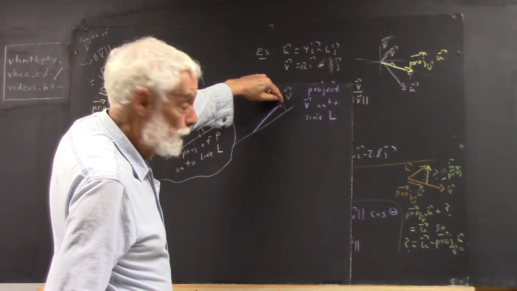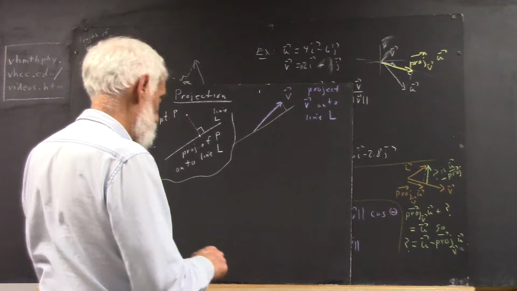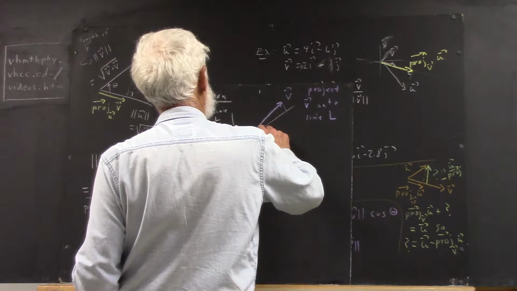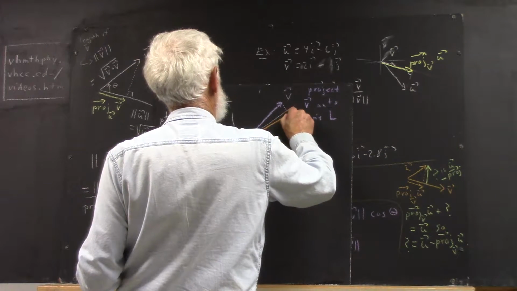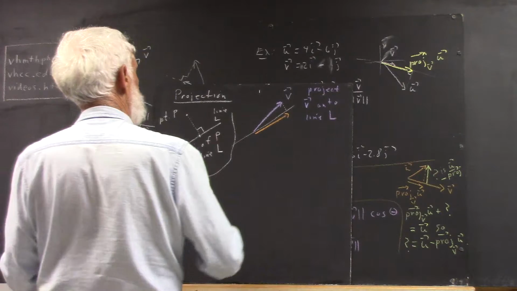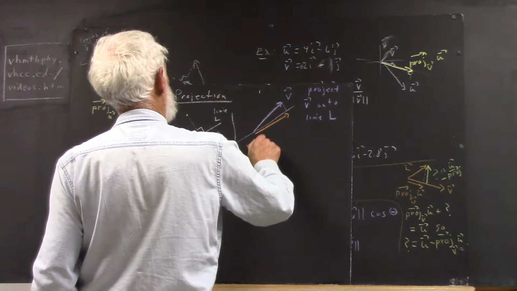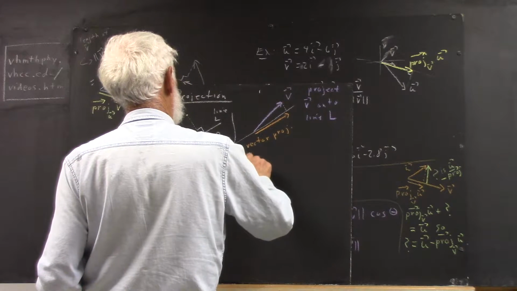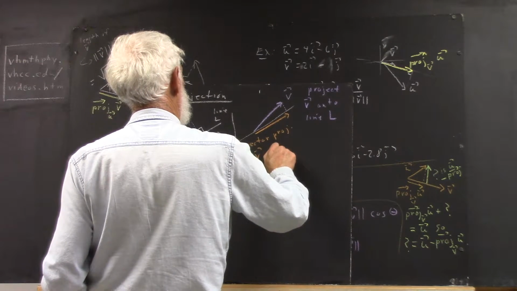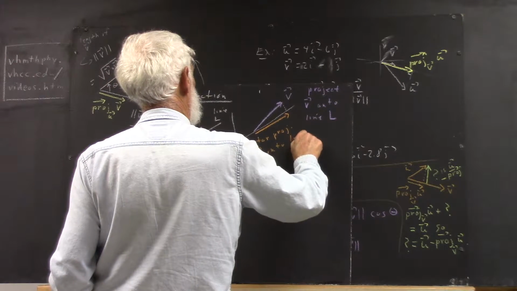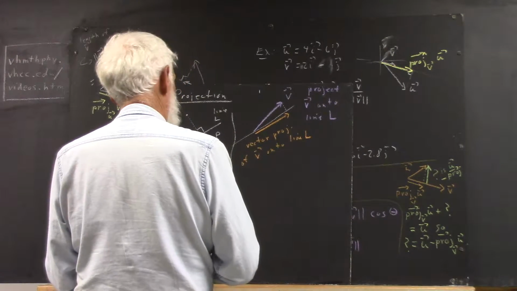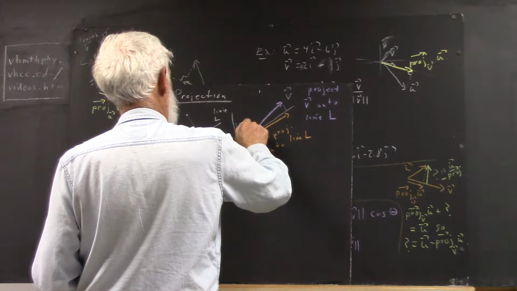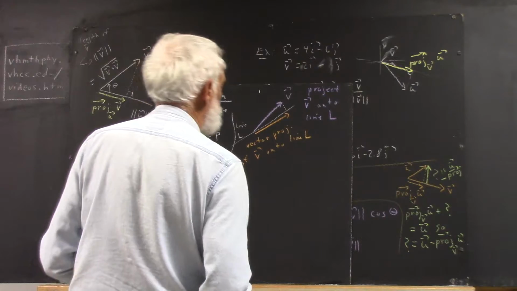The terminal point of V is a point. We project that point onto the line, and this is the projection, and I'm going to call this the vector projection of V onto line L. I haven't labeled L, but okay, here's the line L.